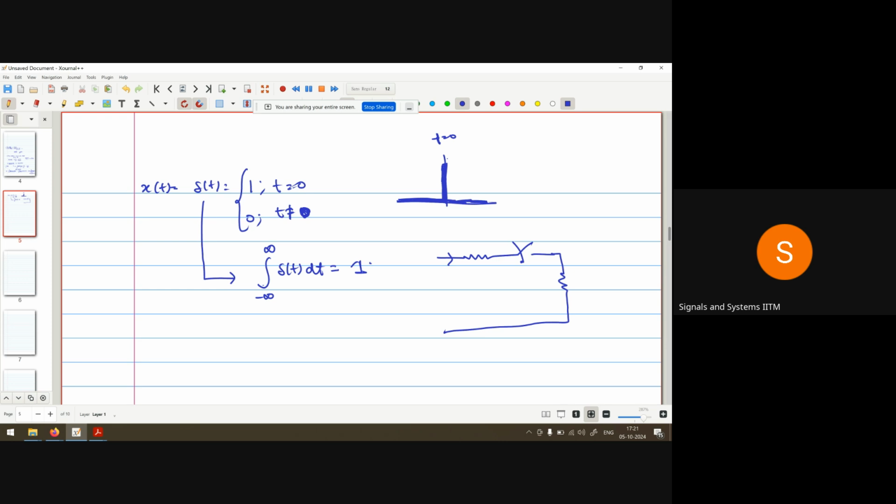Why? Because when you switch off and on, it may take some time. Maybe this time is in milliseconds, microseconds, or nanoseconds, but it always takes time from off to on, then on to off. So practically the impulse signal should look this way.